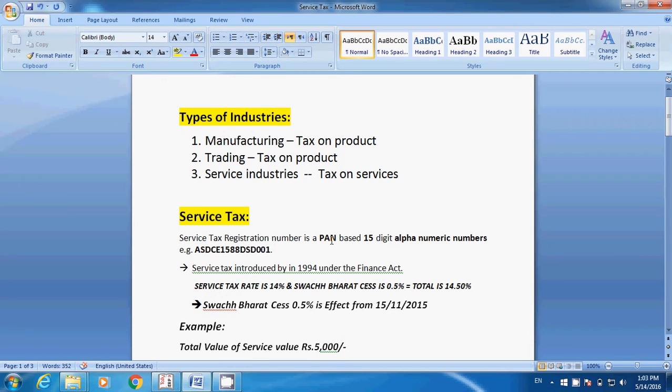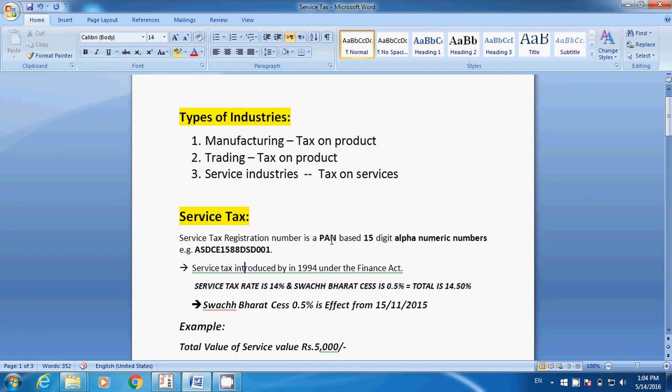First we will learn basic service tax information, and coming to types of industries. There are three types of industries: manufacturing, trading, and service. In case of manufacturing and trading, tax is applicable on the product, like VAT and central sales tax.